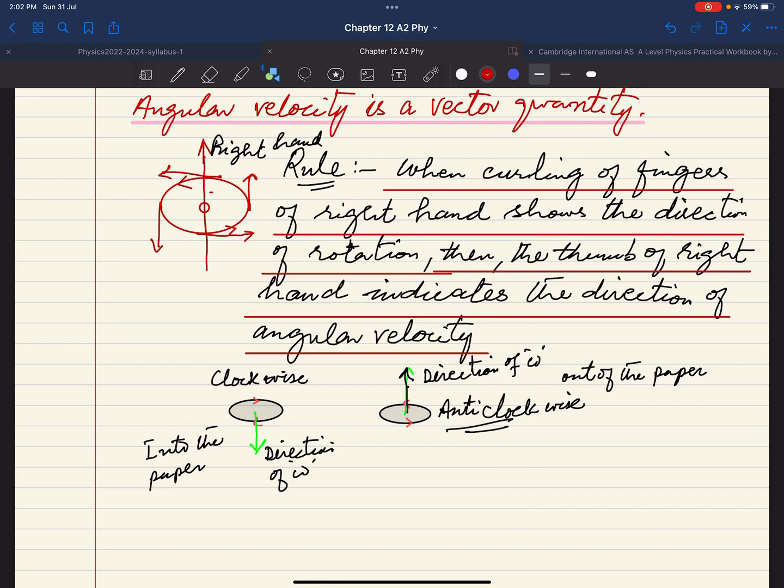If you curl your fingers anti-clockwise, like here we have the situation, you will see that your thumb is indicating the upward or out of paper direction. So the direction of omega, the angular velocity, will be out of the page when your right hand fingers curl in the anti-clockwise direction.